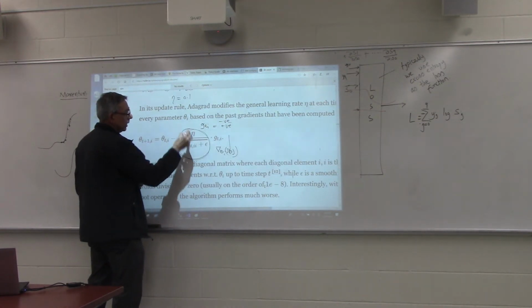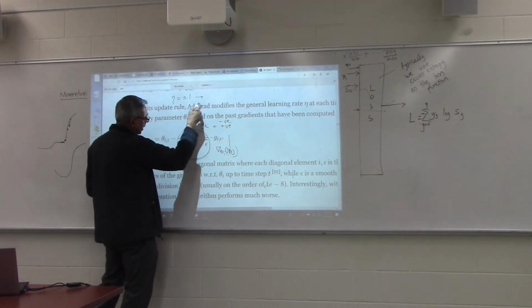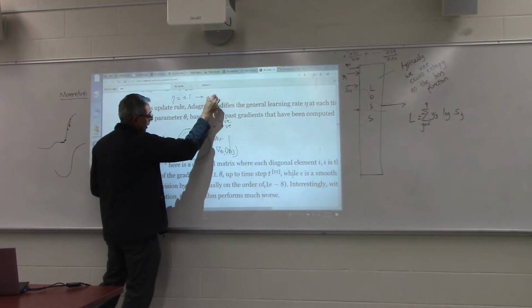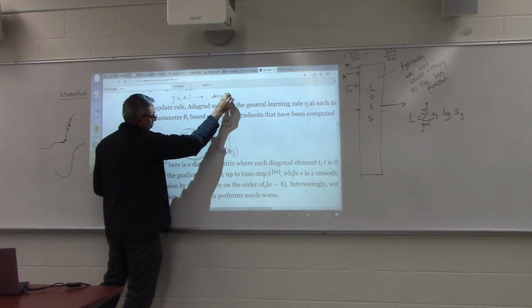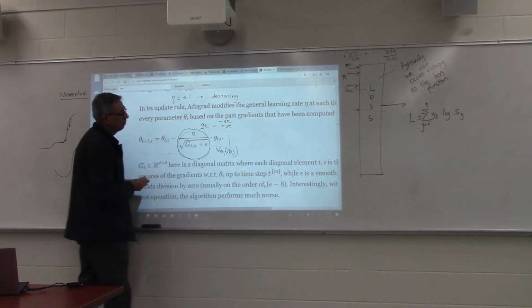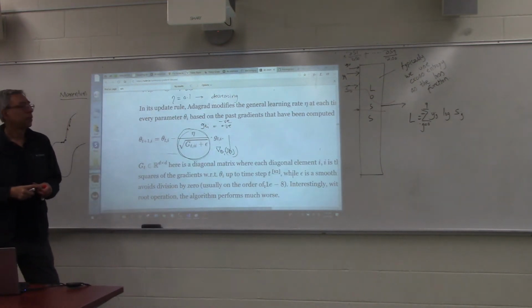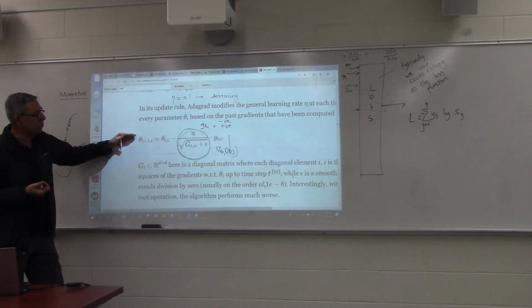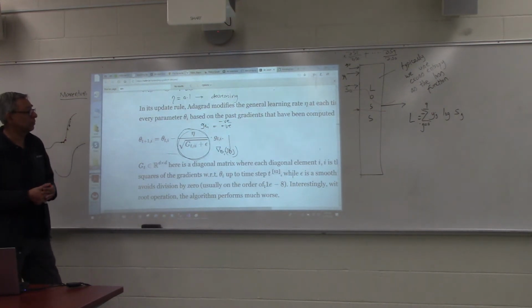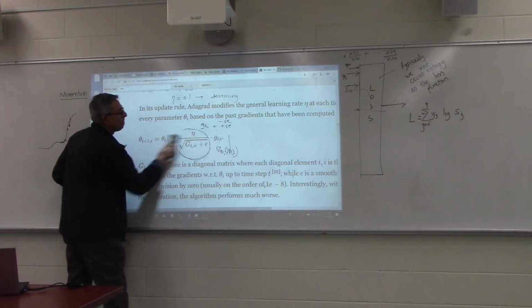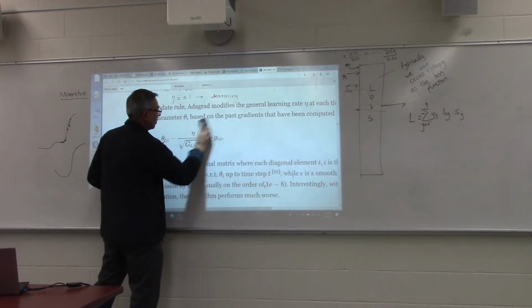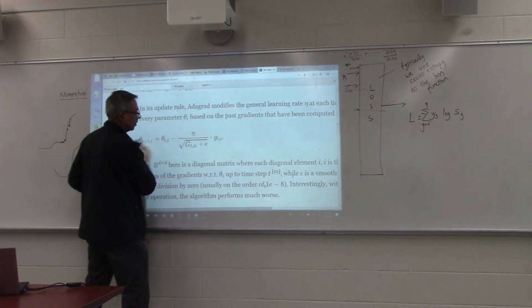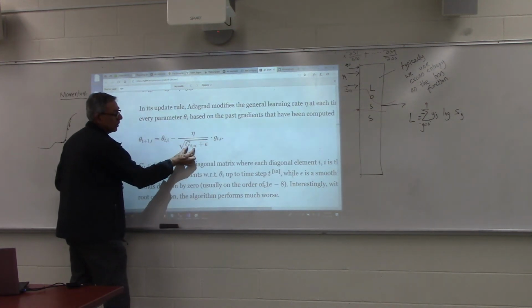So my question is, will the learning rate always keep decreasing, or will it increase sometimes? It will keep decreasing, right? So again, the idea is start it high, then gradually make it slower as we approach our minimum, because this is a past history of the square of the gradients.